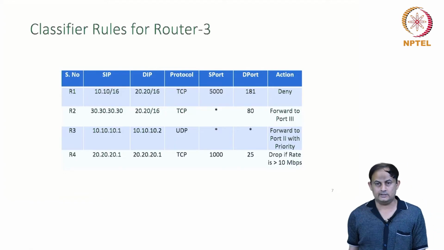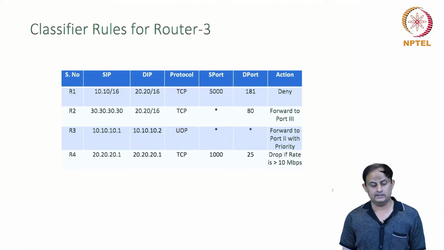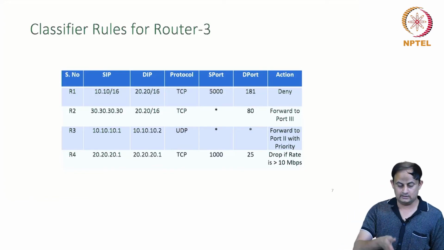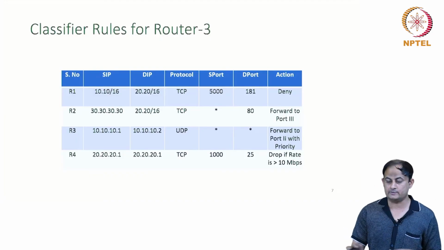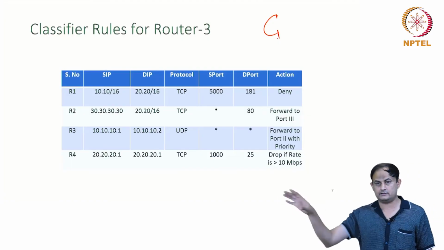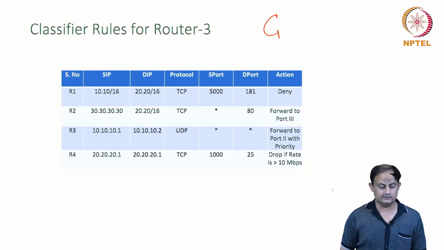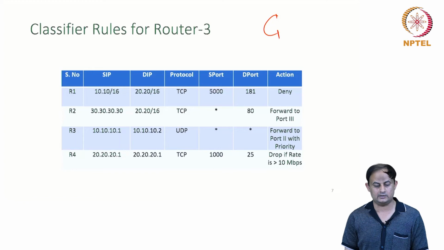Here is an example of how the classifier rules might look. There are 4 rules in this table. This is a classifier, usually denoted with the capital letter C, a collection of these rules: here R1, R2, R3 and R4.